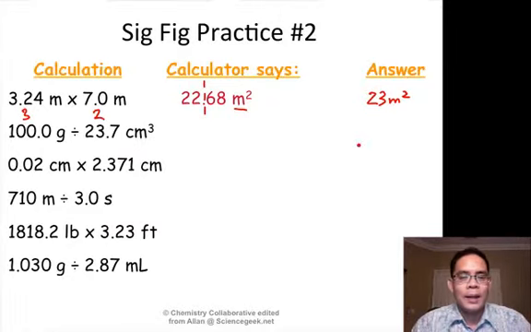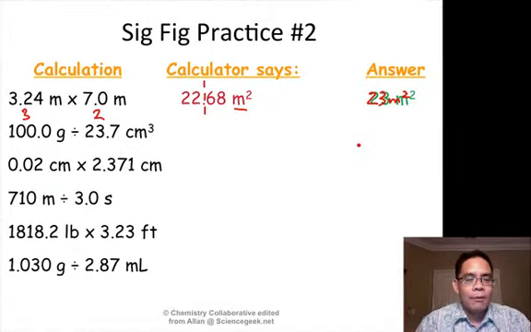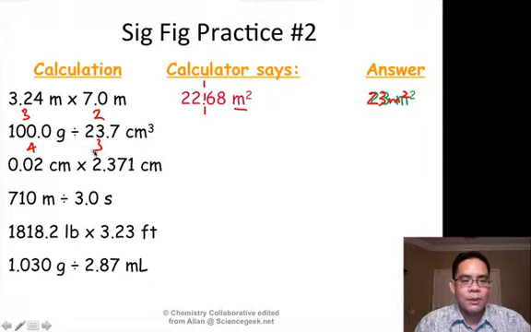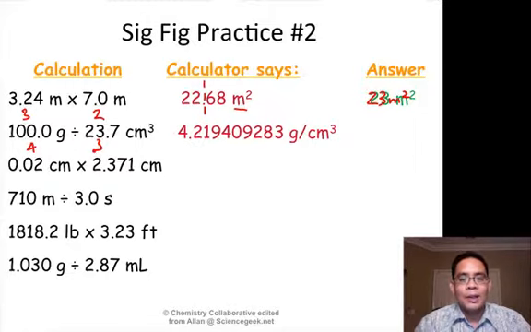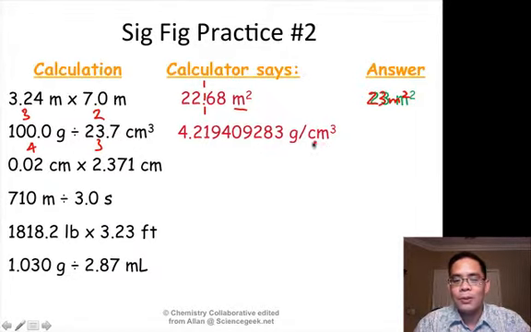Okay, so analyzing the next one, you can see that the first one has 4 sig figs. The second one has 3 sig figs. When you divide them, you're going to get a number with lots of sig figs. And again, this is not what we want to report. When you divide grams by centimeter cubed, you get grams per centimeter cubed as the units, and you get this on your calculator. How do I round this to 3? I count 1, 2, 3.